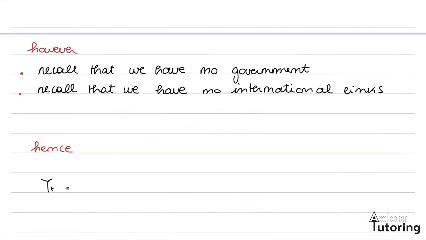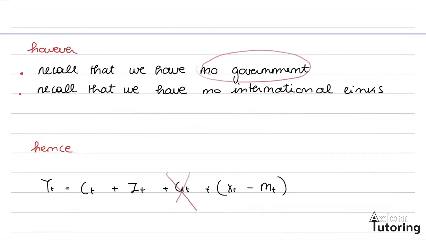So again, if we write down our equation again, minus imports, well, we said that we have no government. So government expenditures are going to disappear from our equation.